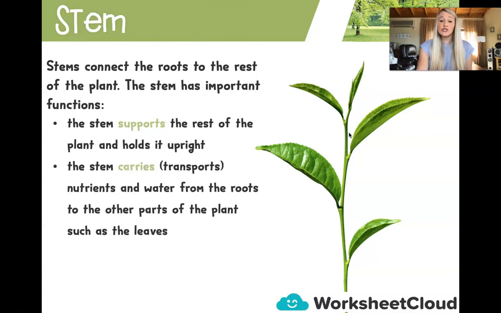The stem also carries or transports the nutrients and water from the roots to other parts of the plant, such as the leaves. So all of the water and nutrients that are absorbed through the root hairs, then through the roots, then get carried and transported. The next stop is going to be the stem.